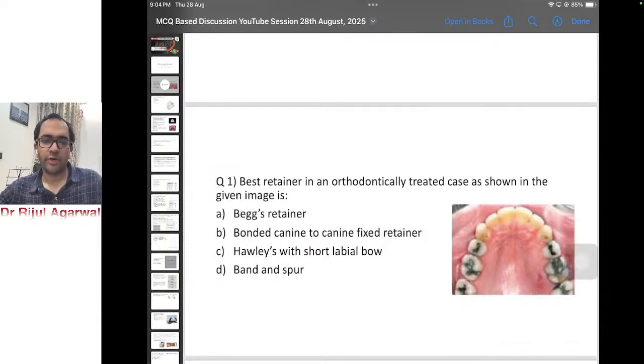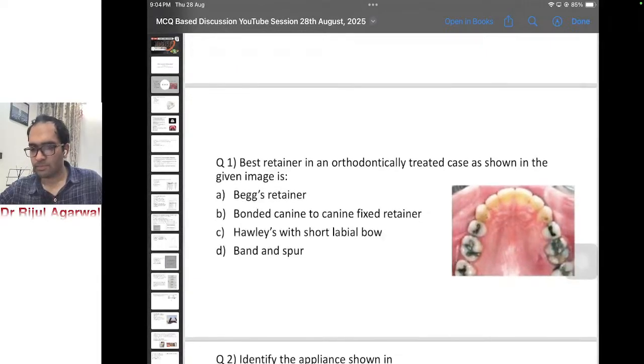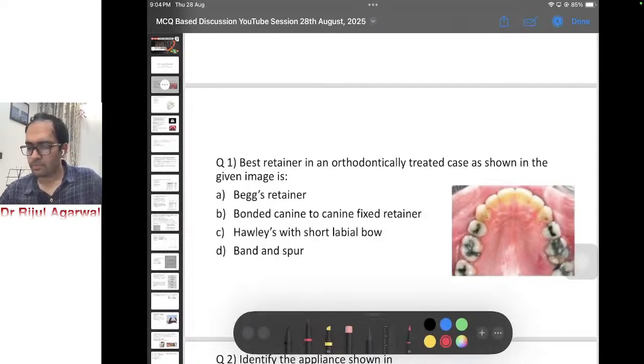The best retainer in an orthodontically treated case as shown in the given image is: Begg's retainer, bonded canine to canine fixed retainer, Hawley's with short labial bow, and band and spur. So what will be the correct answer?